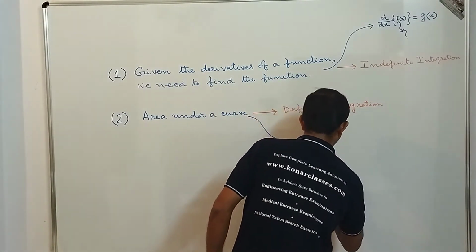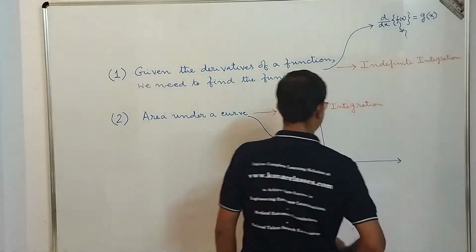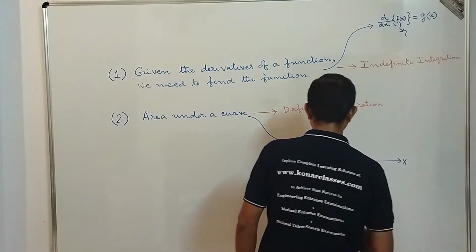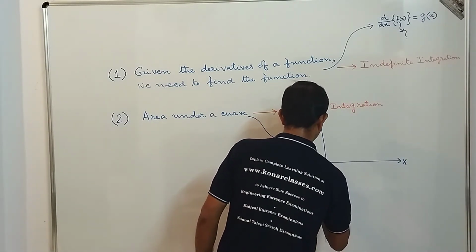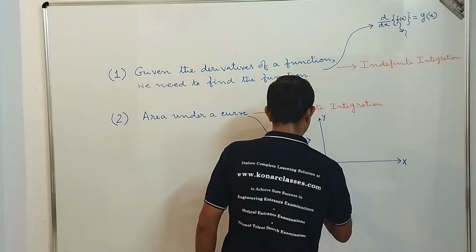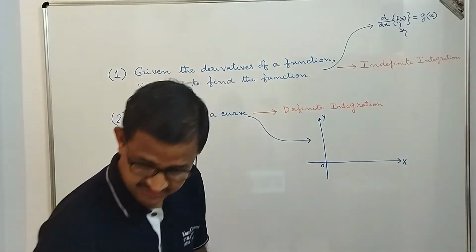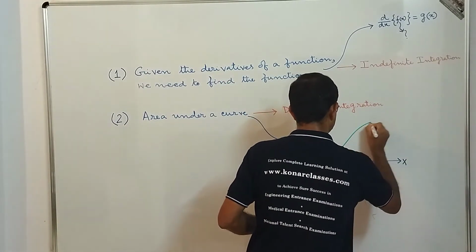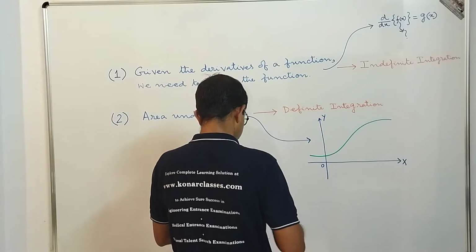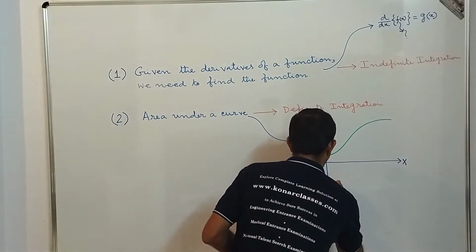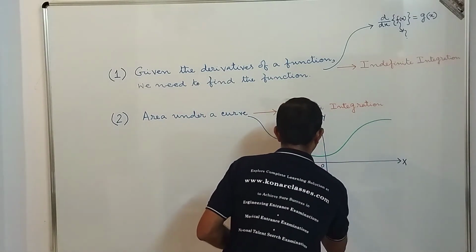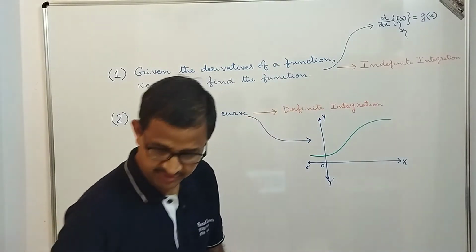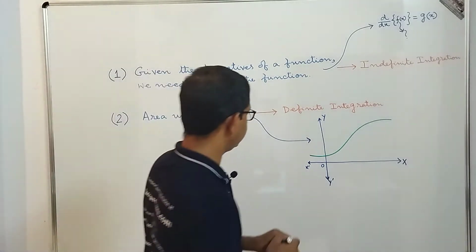Suppose we have the graphical representation of a curve. So this is the coordinate axis, this is the origin, and let me draw the curve in a different color. Suppose we have a curve something like this, and there are points. Let me define the points here.